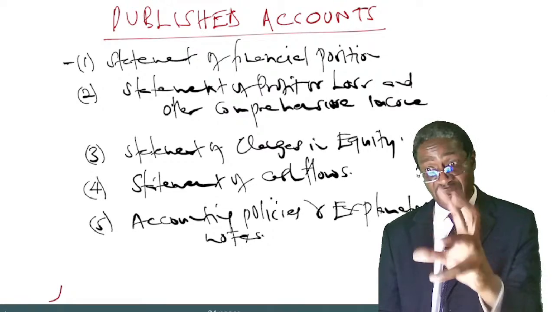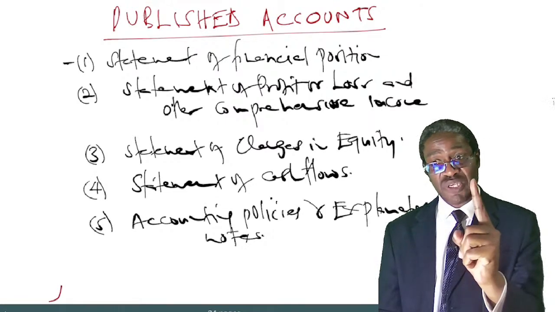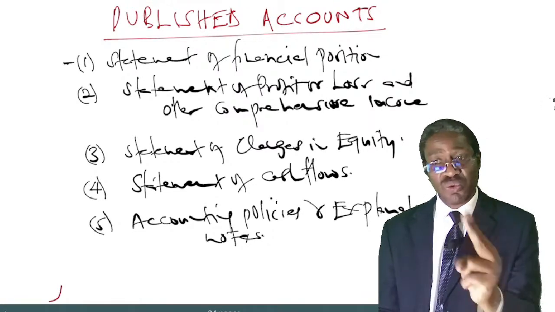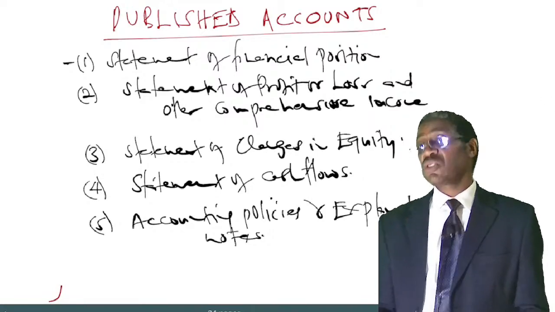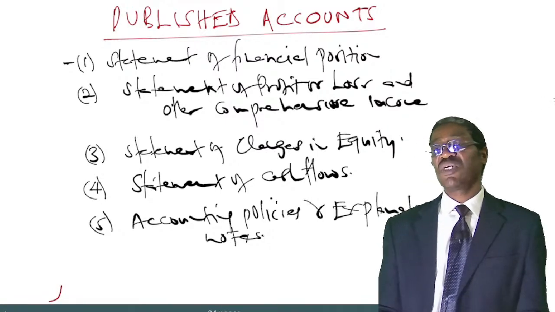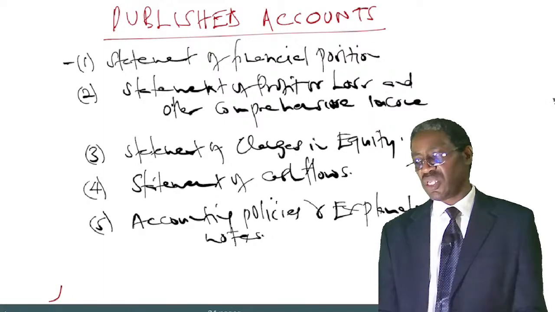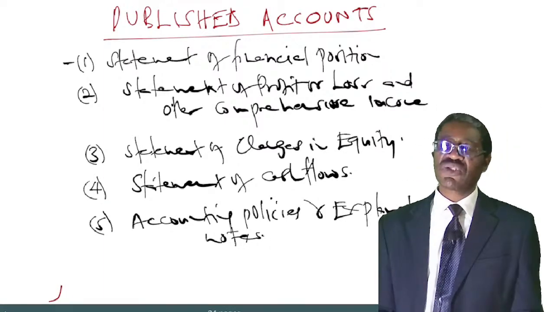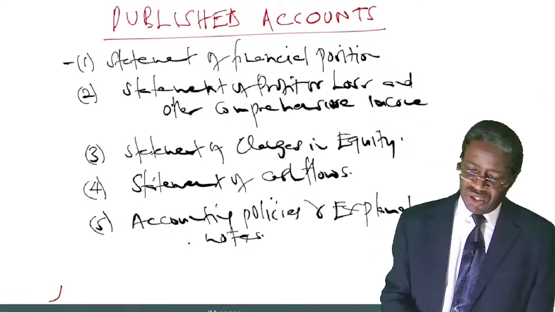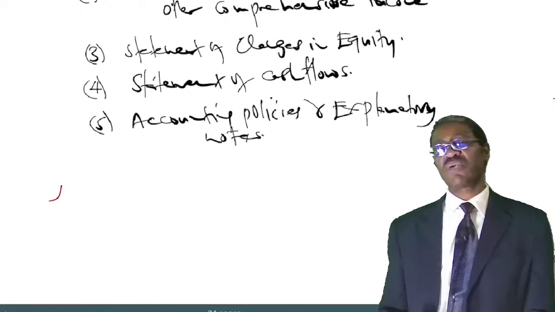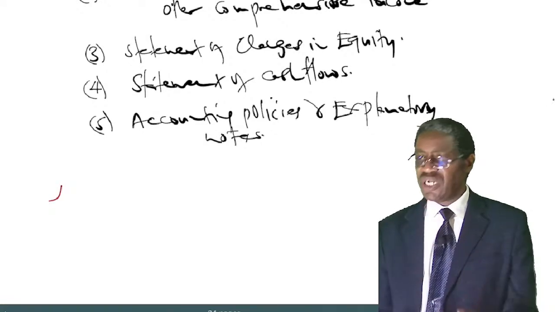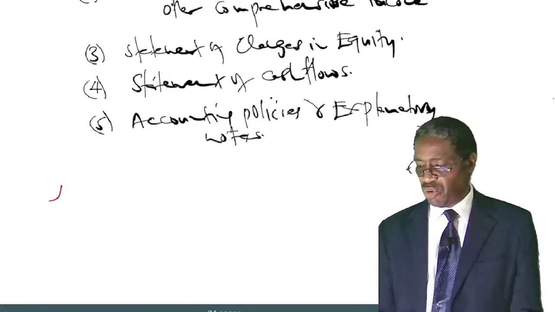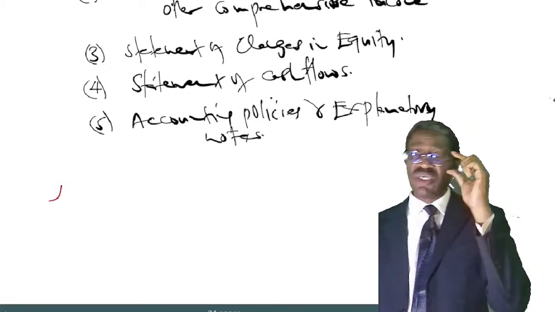We have said there are 5. 1, statement of financial position. 2, statement of profit or loss and other comprehensive income. 3, statement of changes in equity. And number 4, statement of cash flows. And finally, number 5, you should include accounting policies and explanatory notes.